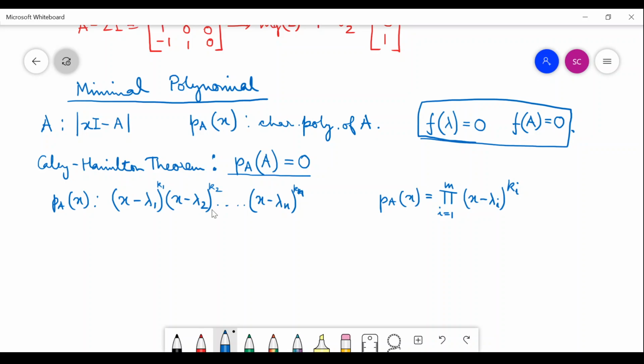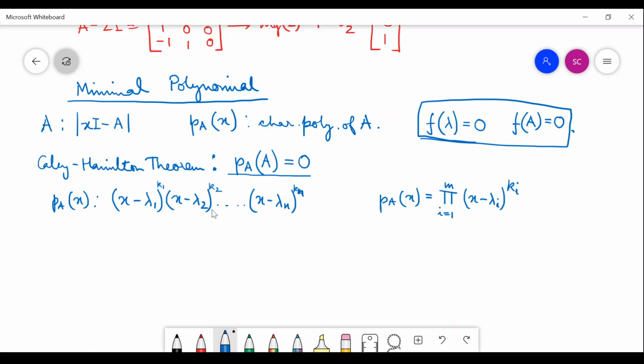What is the least order of the polynomial which the matrix A will satisfy? That is called the minimal polynomial.